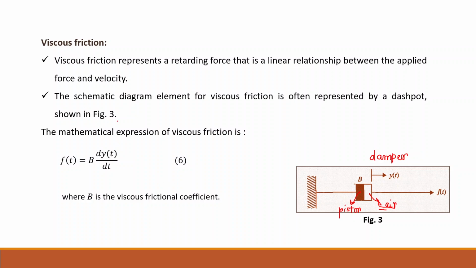If we apply a force, it will try to damp out the movement, so the force is directly proportional to the velocity of the mass that is connected here. Hence the expression for a damper or viscous friction is Ft equals some constant B times dy by dt, where B is the viscous frictional coefficient or damper coefficient.